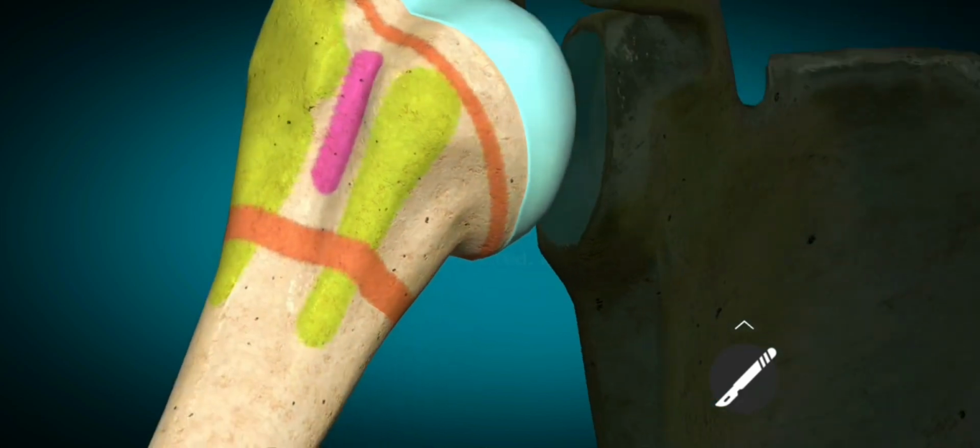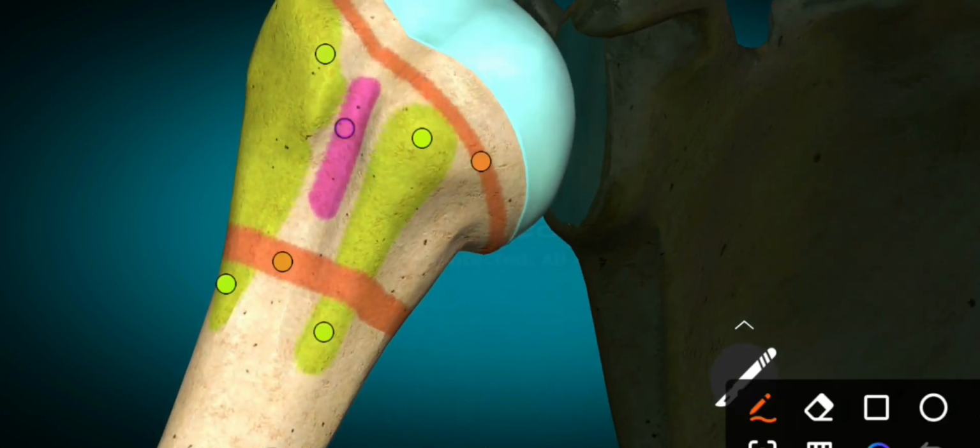You can see there is a groove in between these two tubercles. This groove is deep and narrow above, while it is broader and shallow below. This groove is called the bicipital groove. Another name is the bicipital sulcus, or the intertubercular groove.